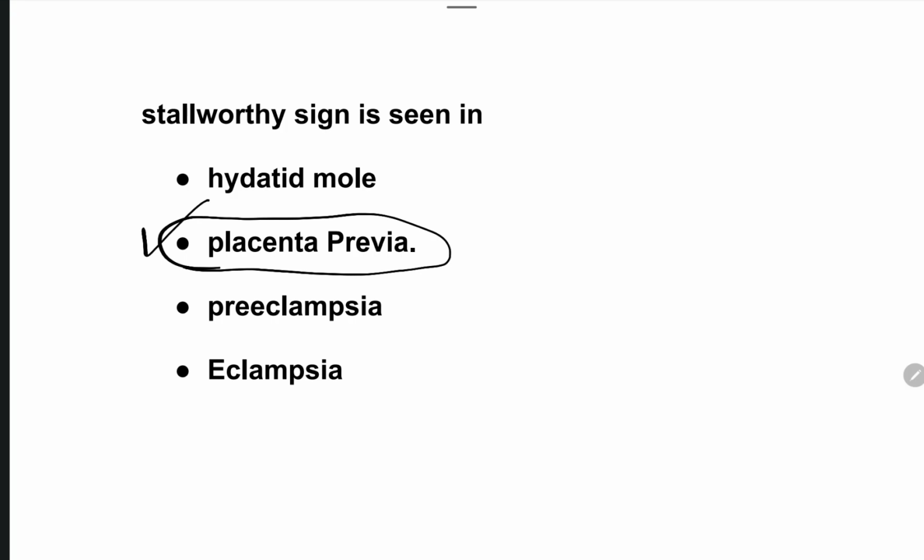In the case of placenta previa, we can find this Stallworthy sign. We can see this sign by pressing with our hand, pressing the fetal head down into the pelvis and then releasing the pressure.